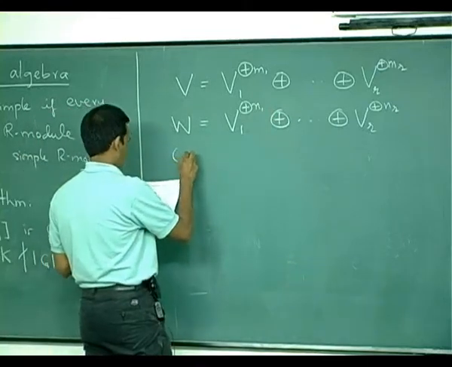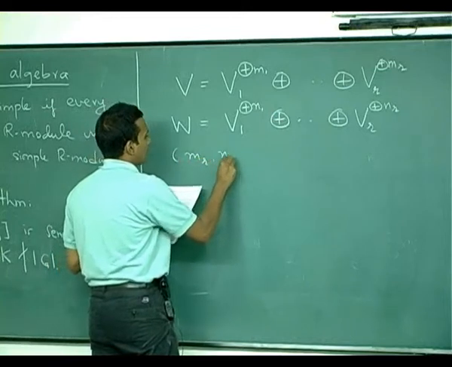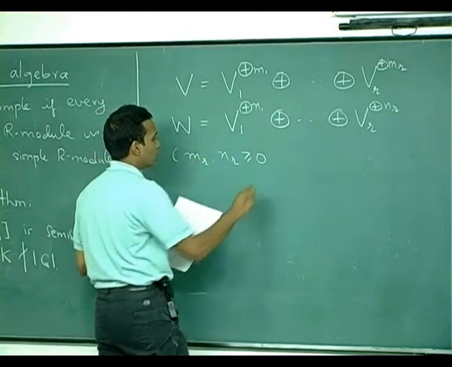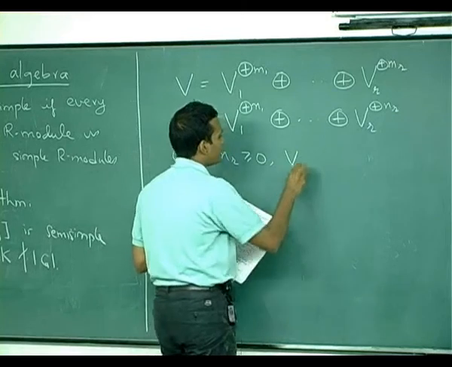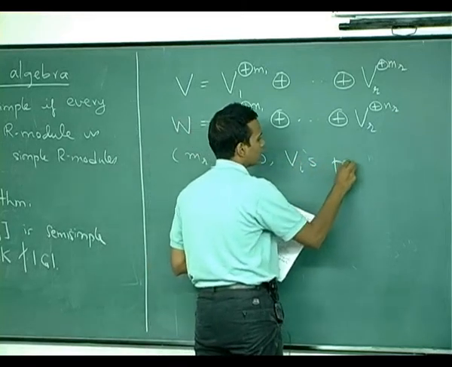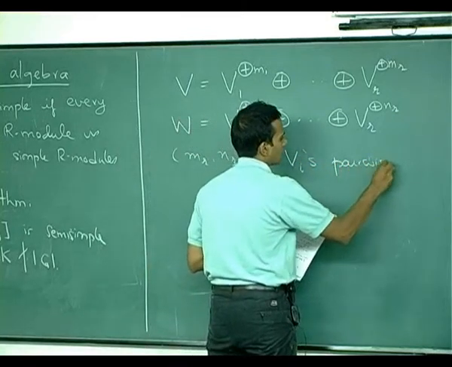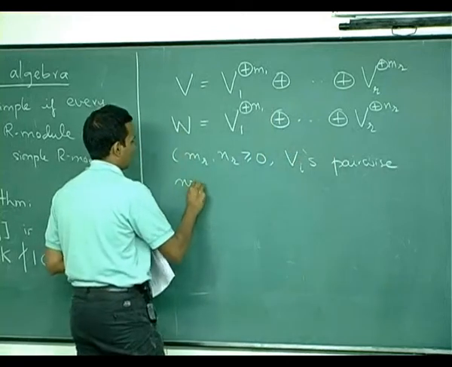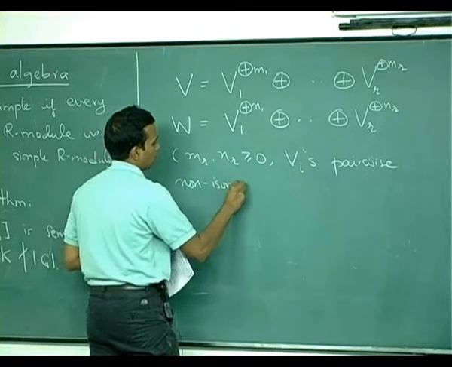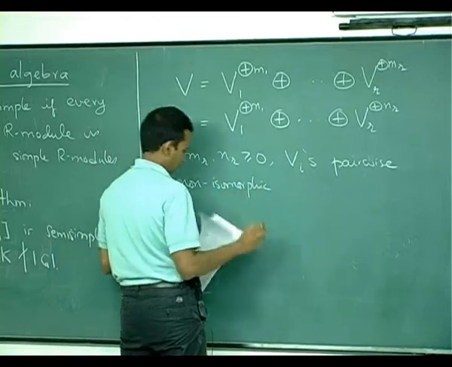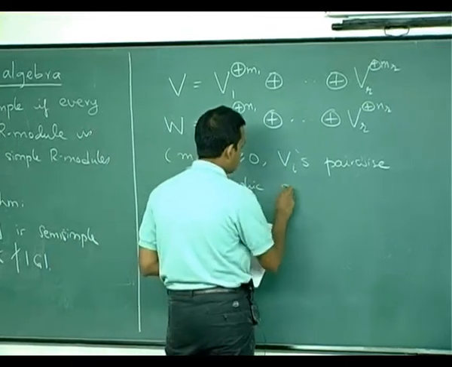So Mk and Nk are just greater than or equal to 0, and the Vi's are pairwise non-isomorphic simple R modules.